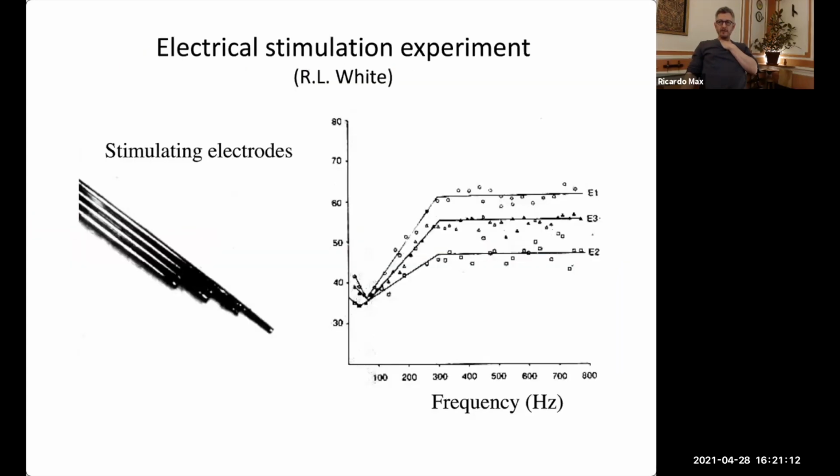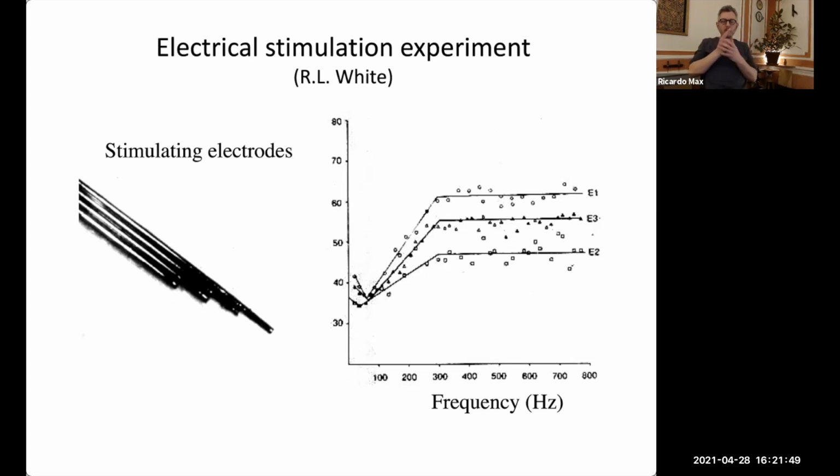So this is a real experiment that was run back in the 70s when they were developing this technology of the cochlear implants. It was at Stanford University, and it was done with real people. So 3 electrodes were placed at different points along the basilar membrane, electrodes 1, 2, and 3.